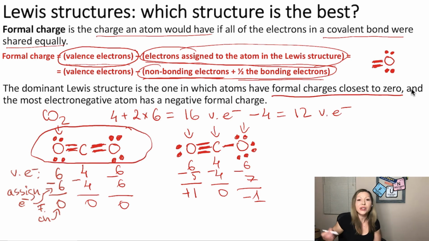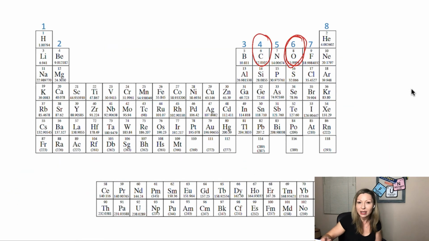But what else is wrong with the second structure? Well, actually, oxygen is more electronegative than carbon. We know that if we just simply look at the periodic table, because electronegativity increases as we go left to right towards fluorine, because fluorine has the highest electronegativity in the periodic table, and oxygen is right next to fluorine.